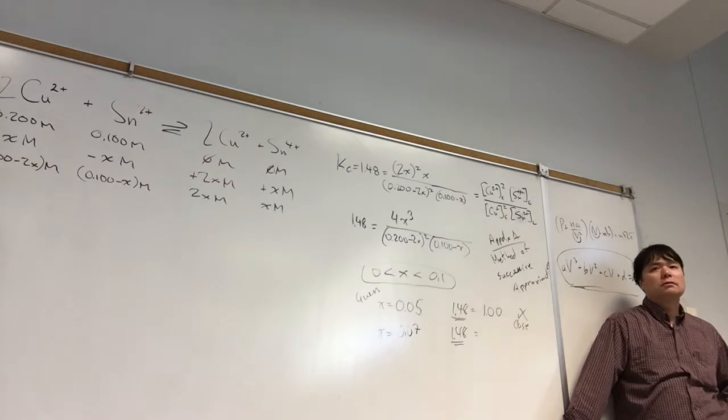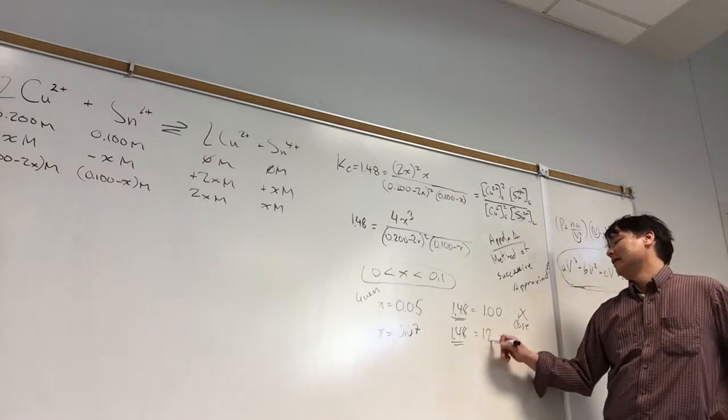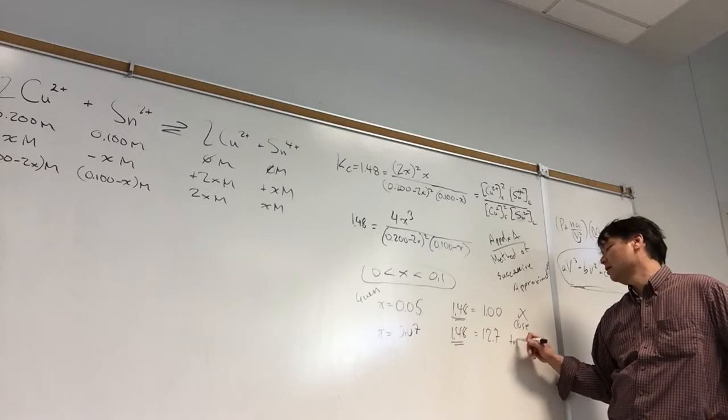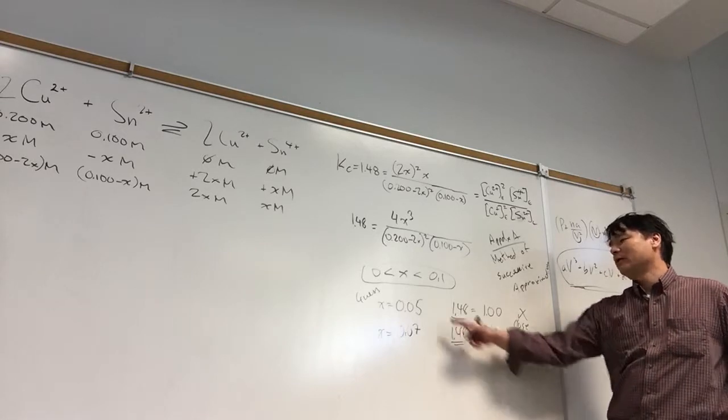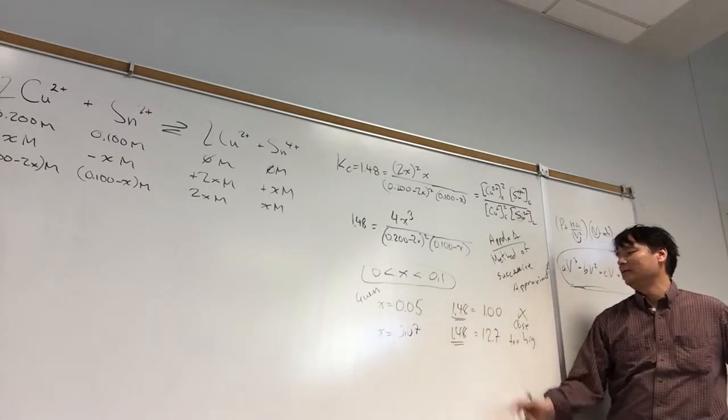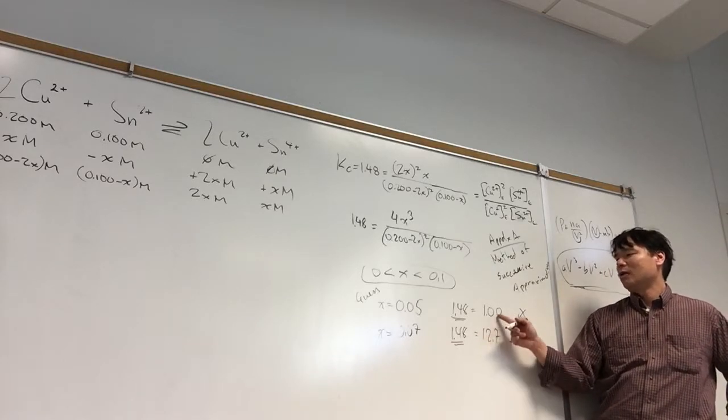I got 12.7. Too big, right? Too big. And so 0.07 was going too big. We need to bring it way closer to 1.